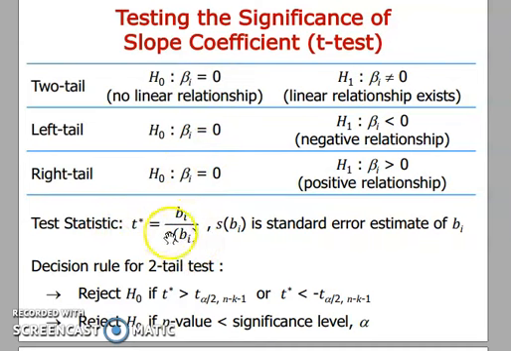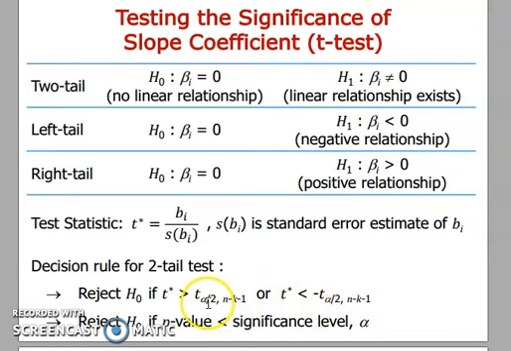Once you get this t star, the test statistic, we need to compare it with the critical value, and this follows the t distribution. If the test statistic is larger than the critical value, we reject H0. And if the test statistic is less than minus the critical value, we also reject H0. So this is the rejection region for a two-tailed test.